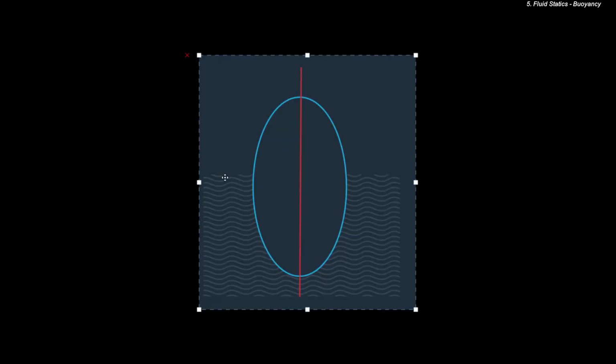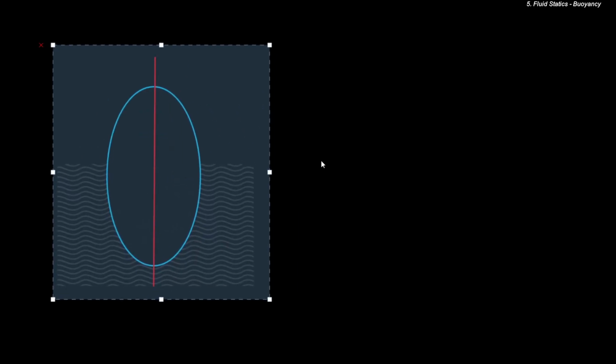Let us consider a certain floating object as shown. This particular object, marked by this blue color, is floating in water in such a way that part of it is submerged underwater below this particular line and part of it is above water.